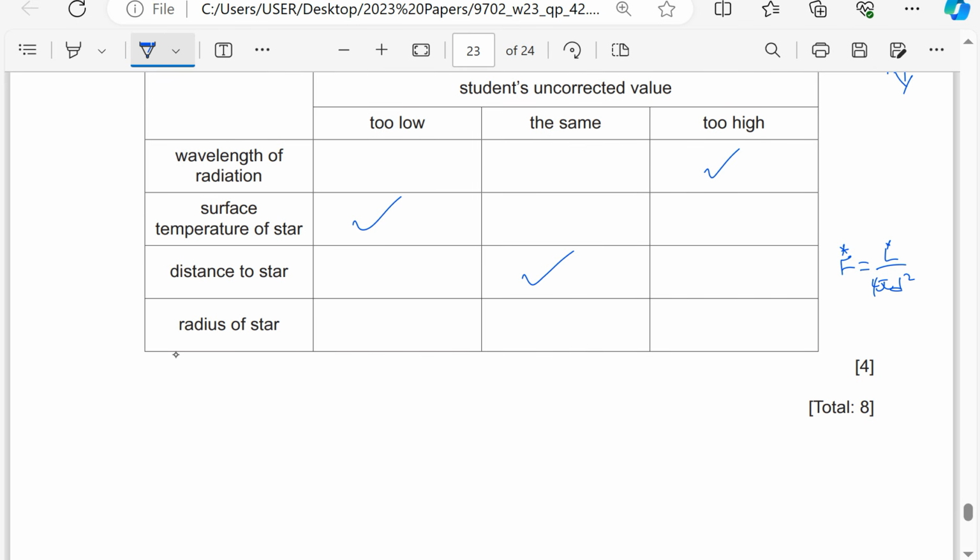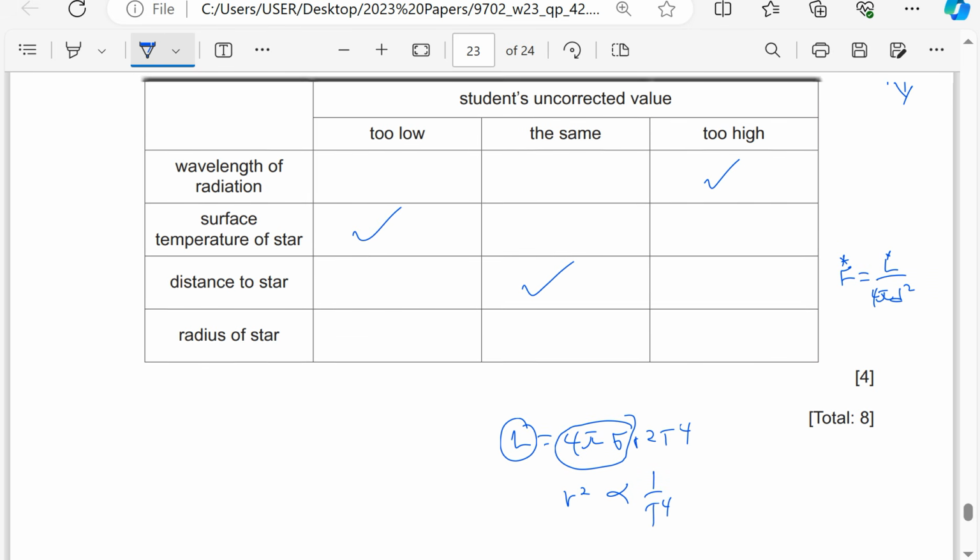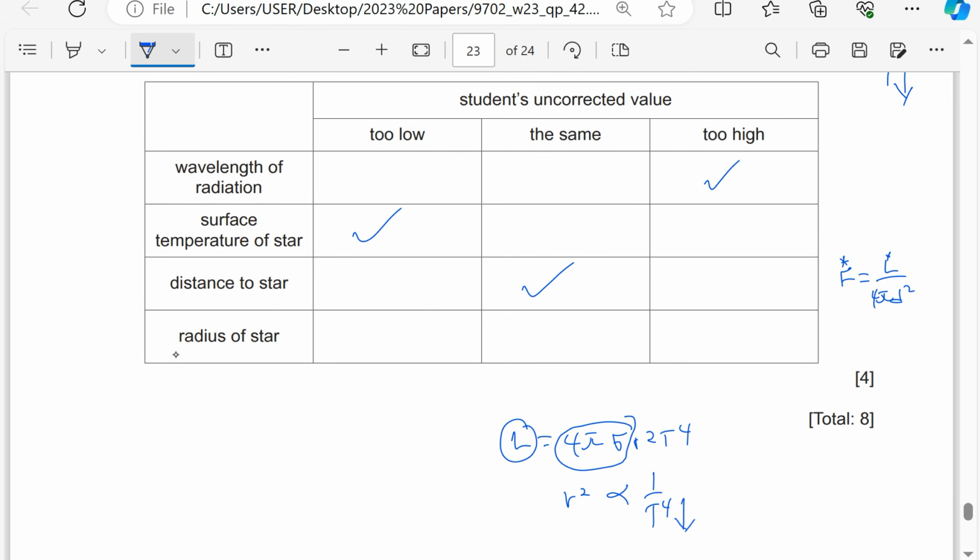Then using Stefan-Boltzmann's law, that is L is equal to 4 pi sigma r squared T power 4. 4 pi and sigma are constants. The luminosity is known. So it means r squared is inversely proportional to T power 4. And remember, the temperature was too low.